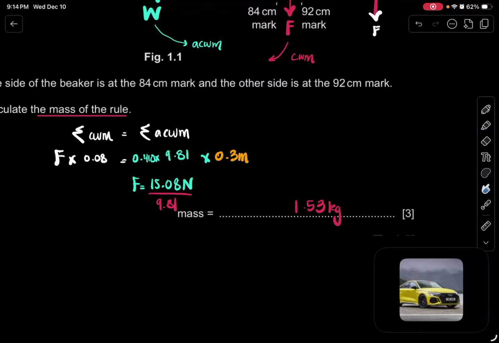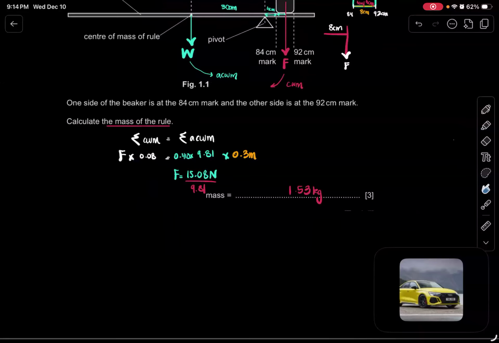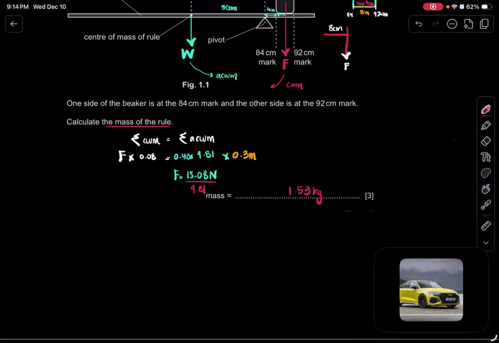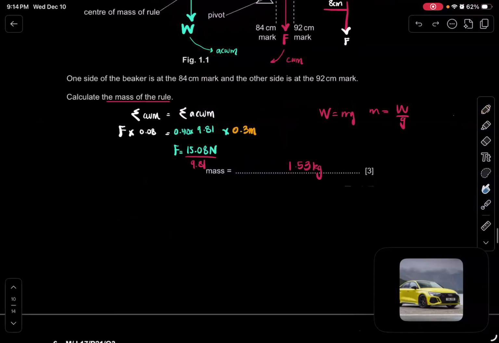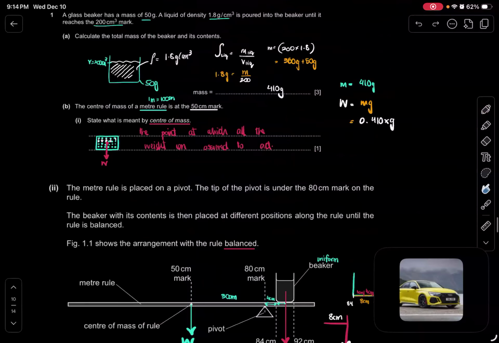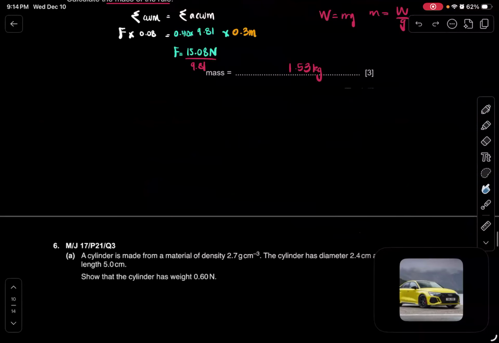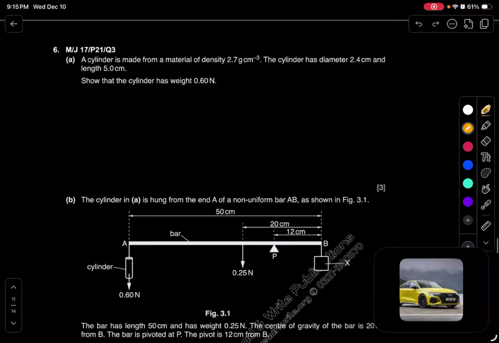Yep, so this is the mass of the ruler, right? Because weight is equal to mg and m is equal to W over g. You figure out the weight of the ruler and you divide it by 9.81 and you have clearly got what the mass of the ruler is. Okay. Any questions? No? Okay. Moving on. Now, next question.